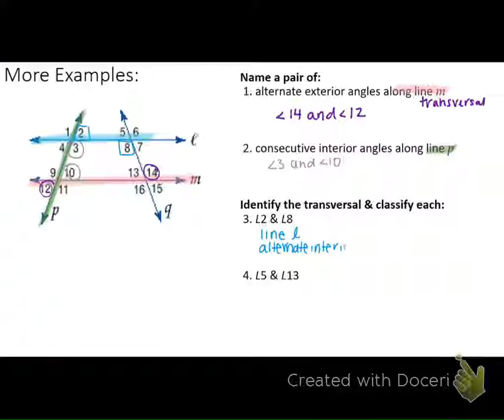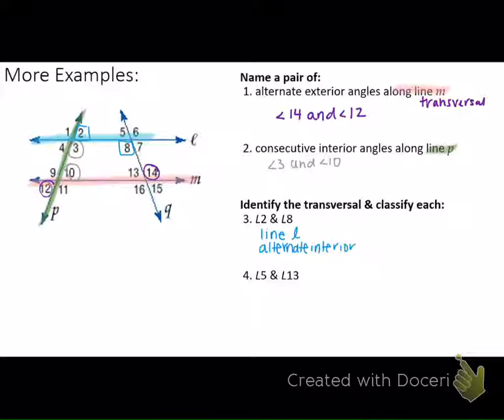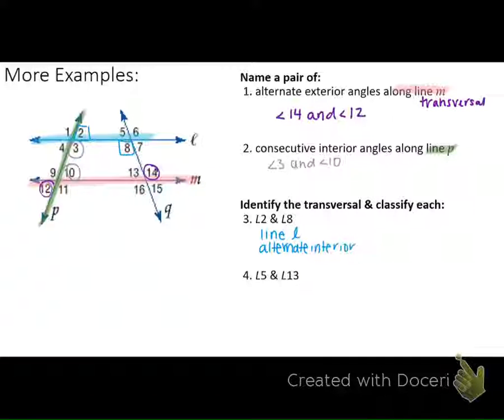Emma, what is the transversal for 5 and 13? Which one are they both touching? They're both touching Q, so our transversal is Q. And what kind of angles are those, Emma?